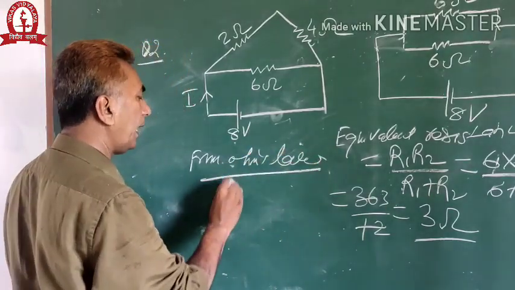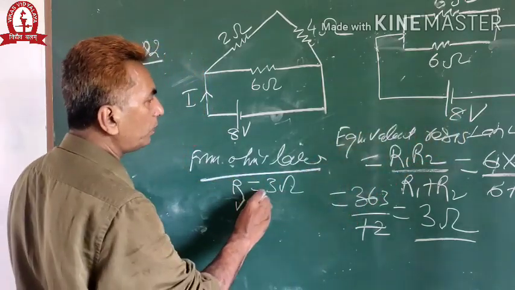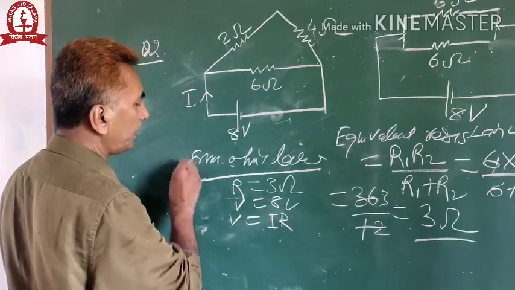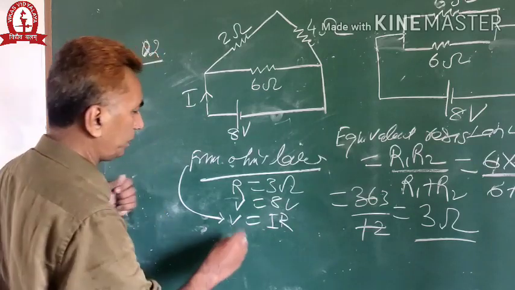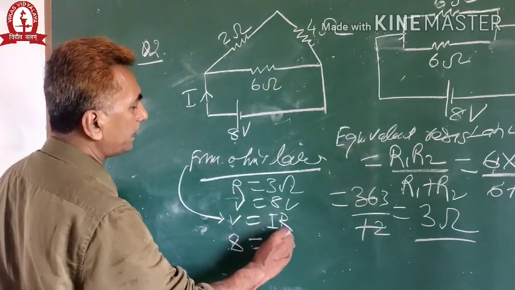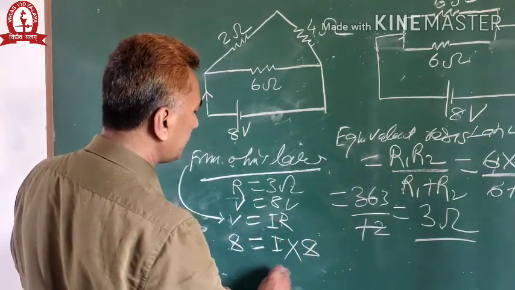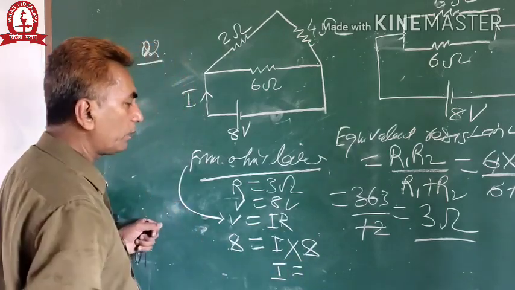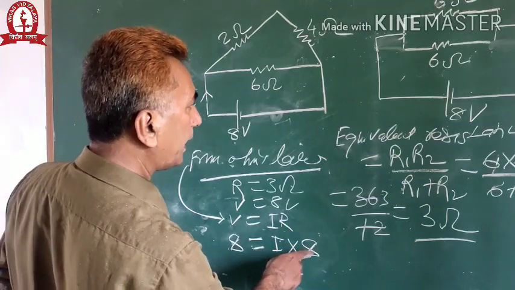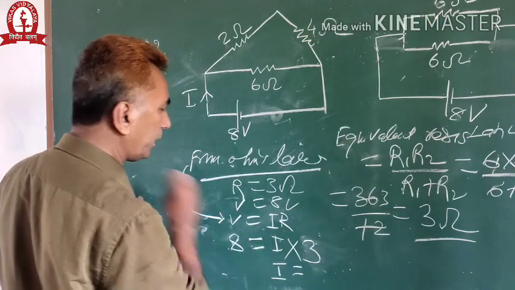Now from Ohm's law, what we have: R is equal to 3 ohm and V is equal to 8 volt. Now applying V is equal to IR, 8 is equal to I into R, current is unknown and R is 3 ohm, right?